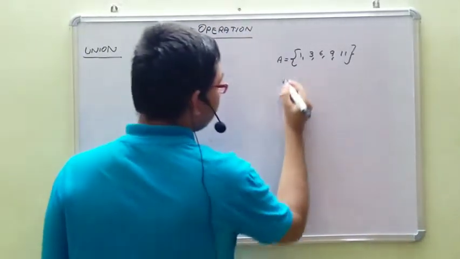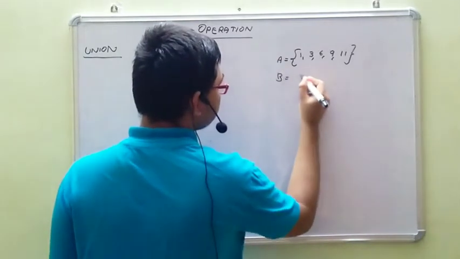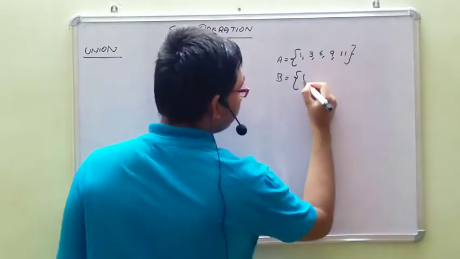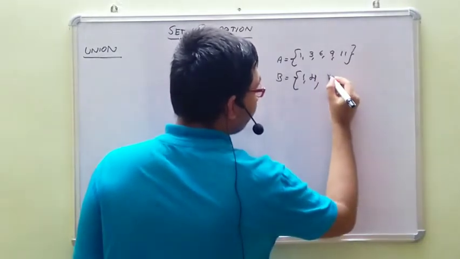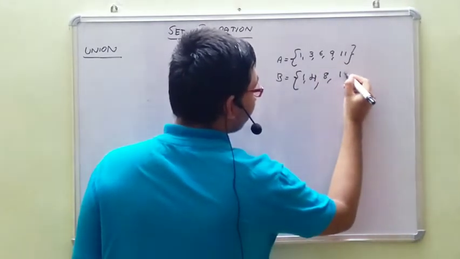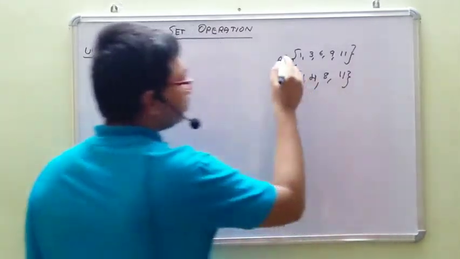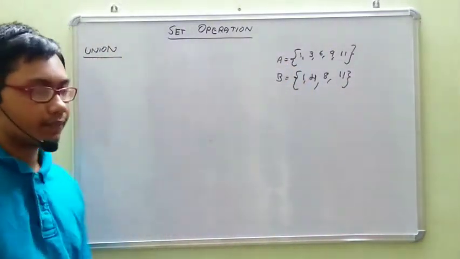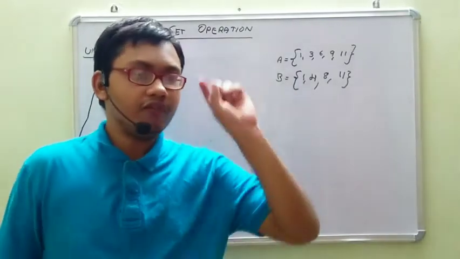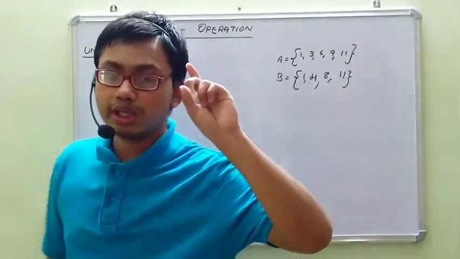Let me define another set B. That is 1, 4, 8, 11. Okay, this is A and this is B. Now, what is union? Definitely, I'll tell you one thing.